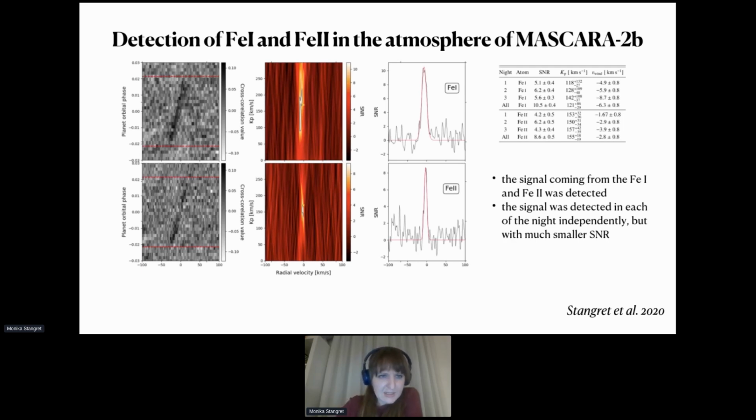And as you can see here, it's the real signal coming from the atmosphere. We used three nights of observation to be able to detect this really strong signal. And we were also able to detect the winds in the atmosphere, because the signal, as you can see here, is a little bit blue shifted.